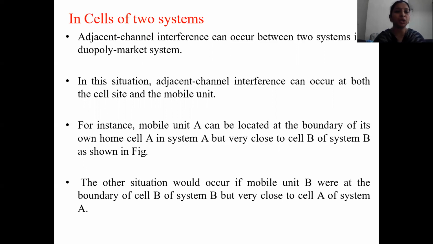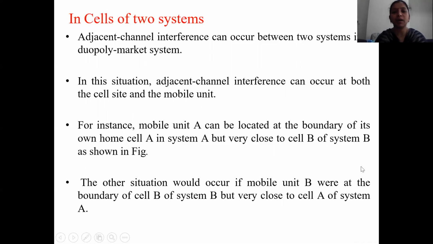But in a duopoly market system, there are different market systems, so there may be a chance of deviating while designing the system. Better coordination should be there among these duopoly market systems; only then can we avoid the adjacent channel interference. In this situation, adjacent channel interference can occur at both the cell site and the mobile unit.